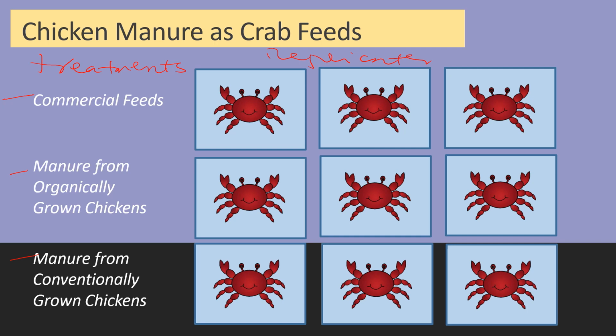So how many experimental units if we are going to test this one 3 times and having 1 crab per treatment? We need at least 9 crabs all in all. So we need 3 crabs per treatment. Every crab is considered to be our experimental unit. So we have 9 experimental units all in all.